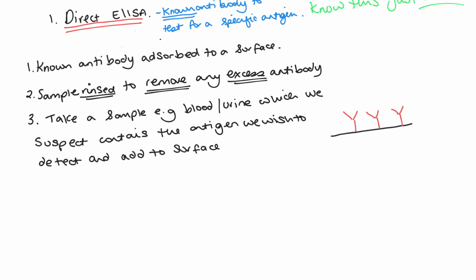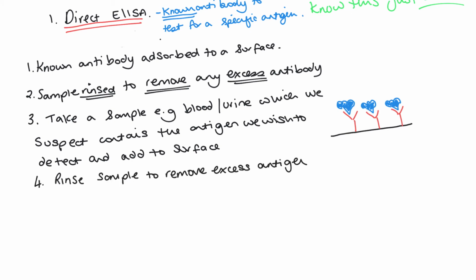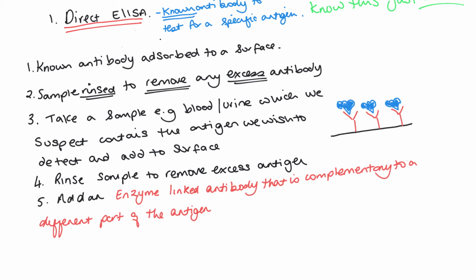And what we would hope would happen is that if there were any antigens present from the cholera, they would attach to our antibody. We then rinse the whole thing again to remove any excess antigen that hasn't bound onto anything. The next thing that we do is we add an enzyme-linked antibody that is complementary to a different part of the antigen.